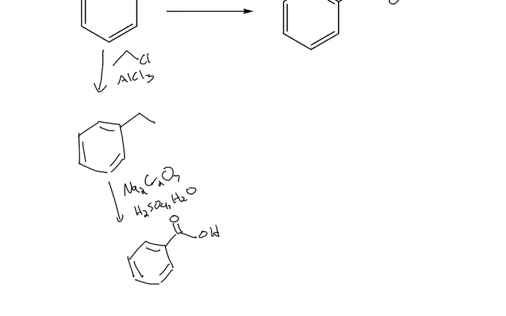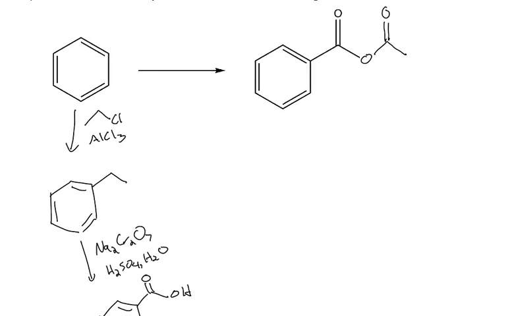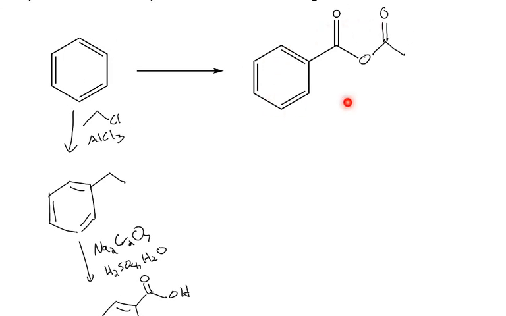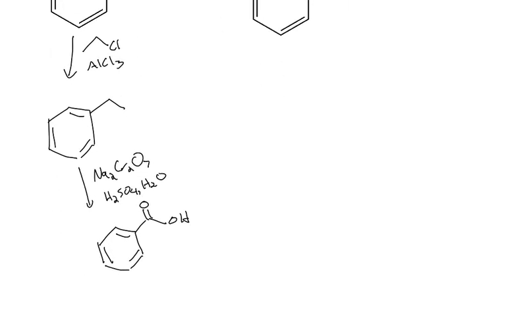All right, and then we need to get from our carboxylic acid to the acid anhydride. If we think back to the preparation of acid anhydrides, the best thing to do was to get my carboxylic acid into an acid chloride.